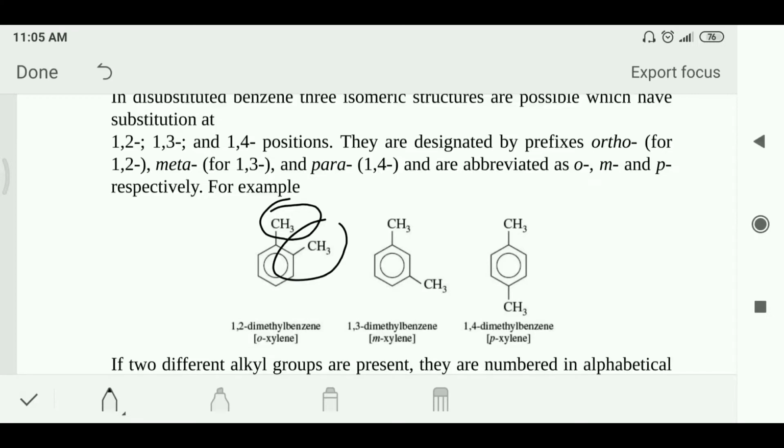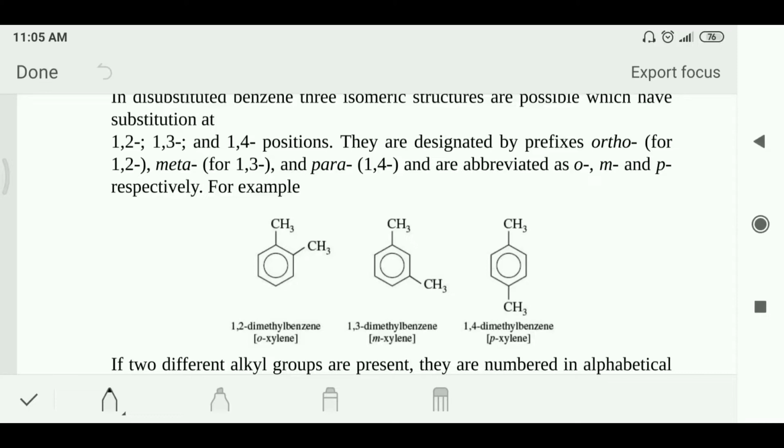So 1, 2, this is 3, and this is 4, then 5 and 6. According to that, these are the six different positions of carbon, right? So whenever we attach groups at 1,2 positions, it is called ortho.